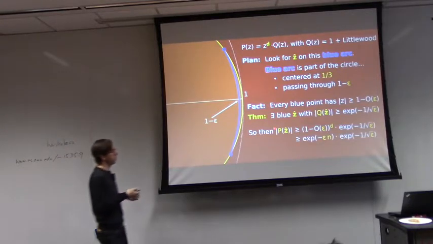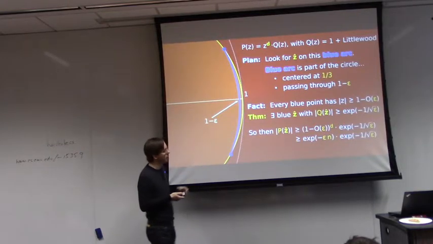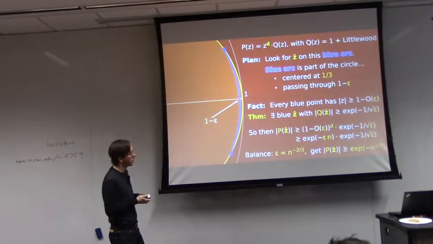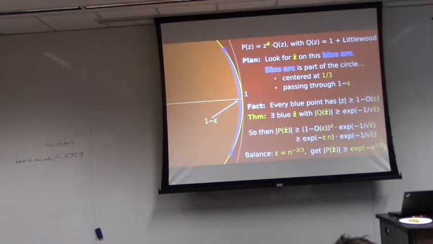Okay, so 1 minus epsilon is like e to the minus epsilon. This d, in the worst case, is like n. So we have exponential in minus epsilon n and exponential in minus 1 over root epsilon. And then the best epsilon is n to the minus 2/3. Okay, so having decided on this blue arc strategy, it remains to prove this theorem here. Any questions about that?